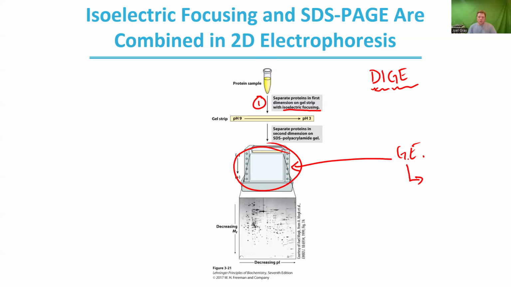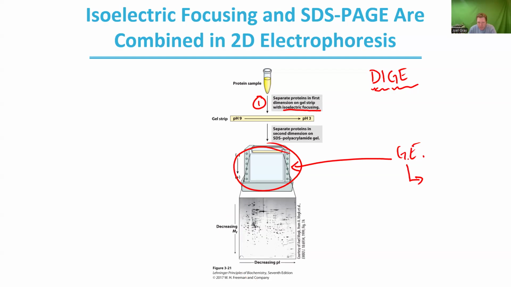Okay. So this is a technique that's invaluable because you can separate proteins based on their pI, and then you can separate them based on their weight. The result looks a little bit like this. And you might think, oh, cool, a cute little Rorschach test. And you're not too far off.